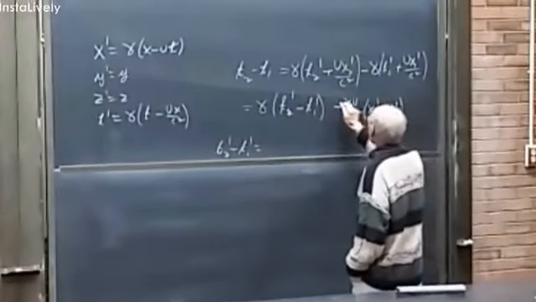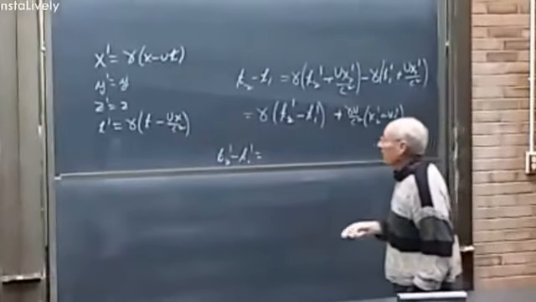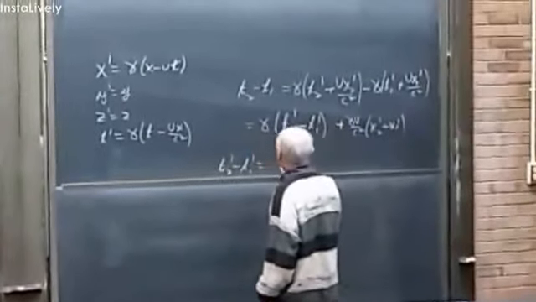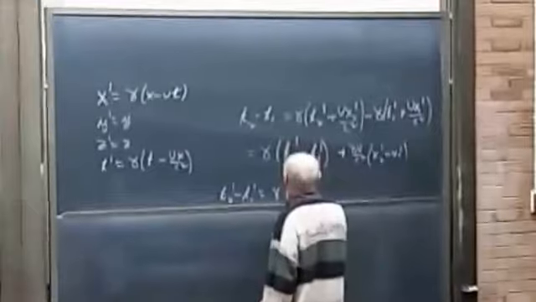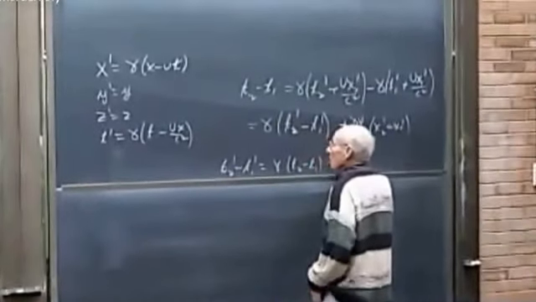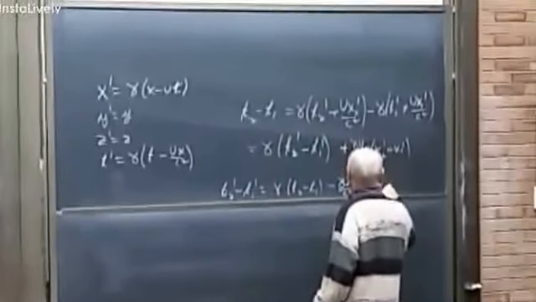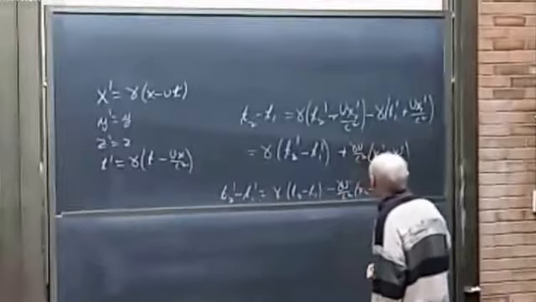But now if I'd done it the other way, I'd have used this. I'd have had gamma (T2 minus T1) minus gamma B over c squared (x2 minus x1).